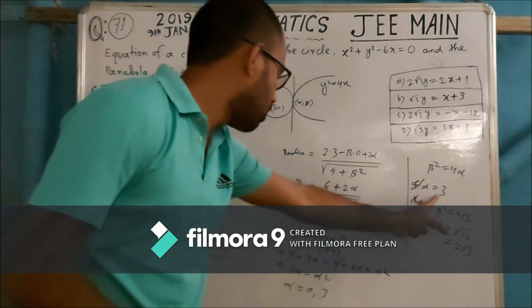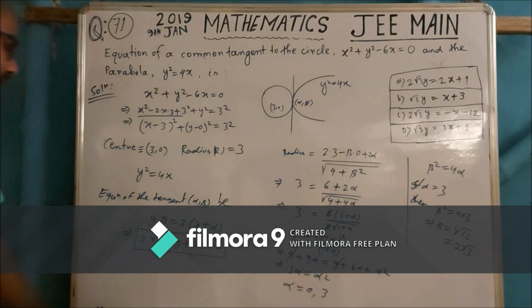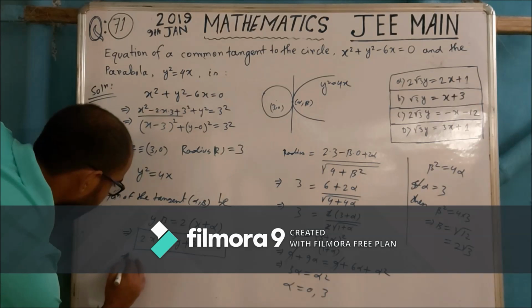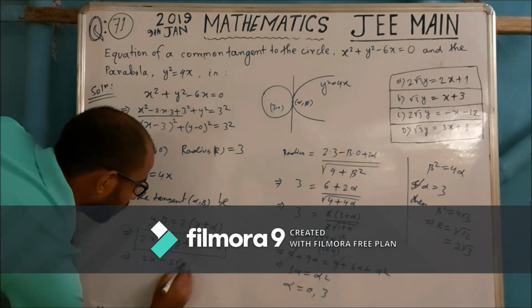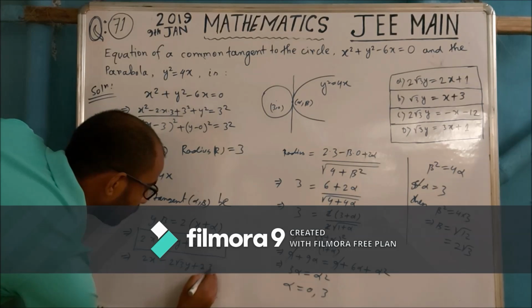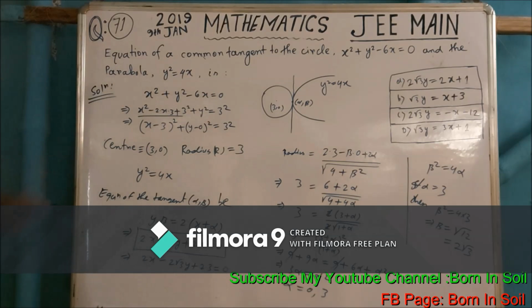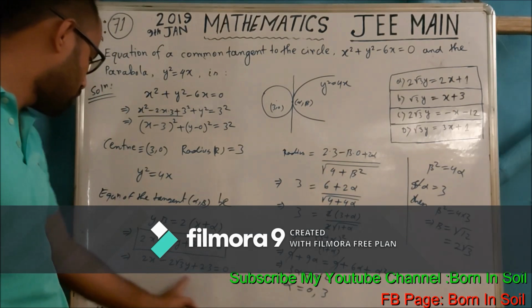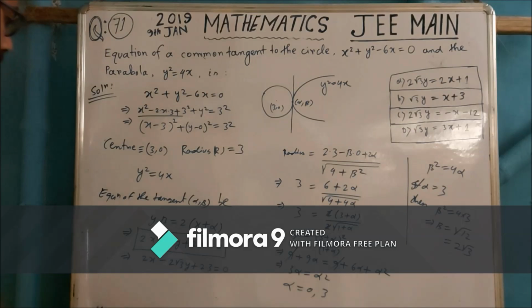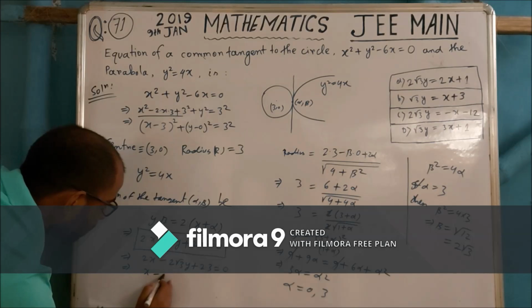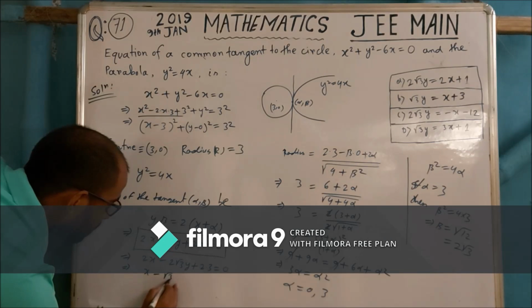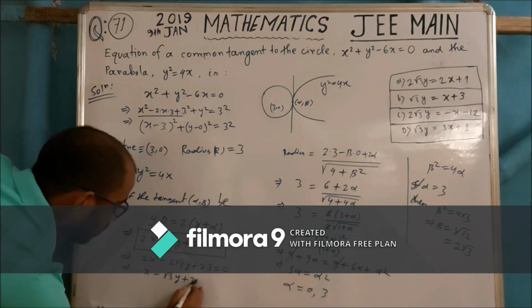Putting these two values in the equation of the tangent, we get 2x minus 2 root 3 y plus 2 into 3 equal to 0. 2 is a multiplying factor, so we divide the whole equation by 2 and we get x minus root 3 y plus 3 equal to 0.